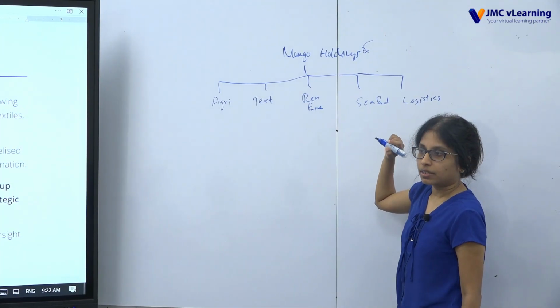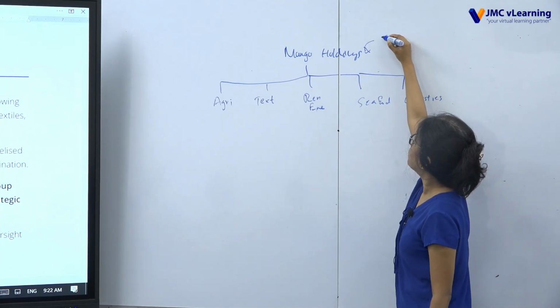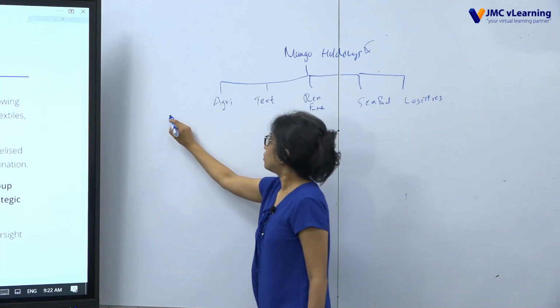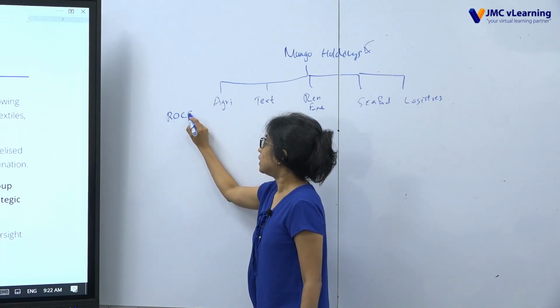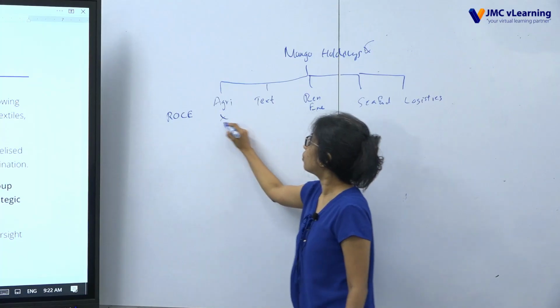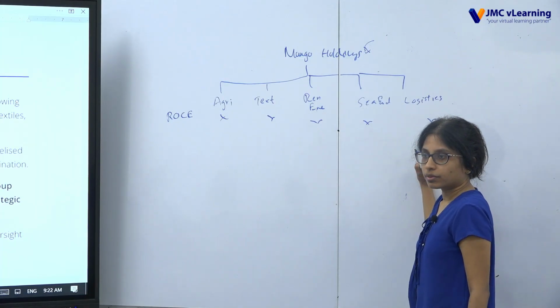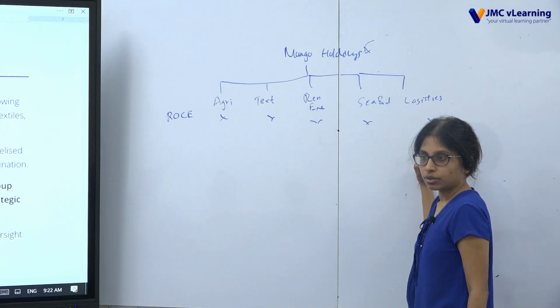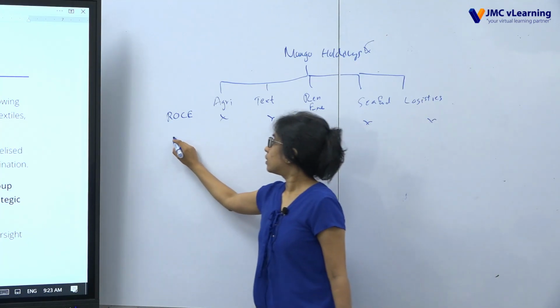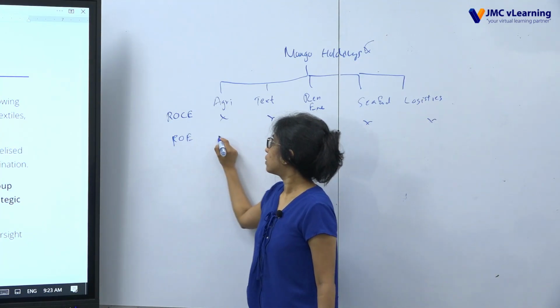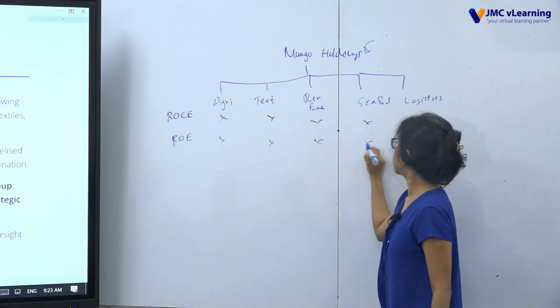So what I am saying is you can use ROCE, return on capital employed, for all these companies. A common factor, no? Then you can use return on equity on all of these.